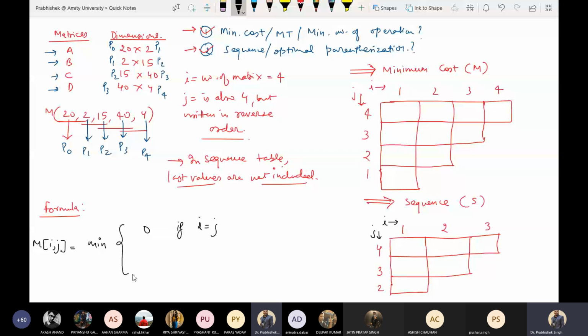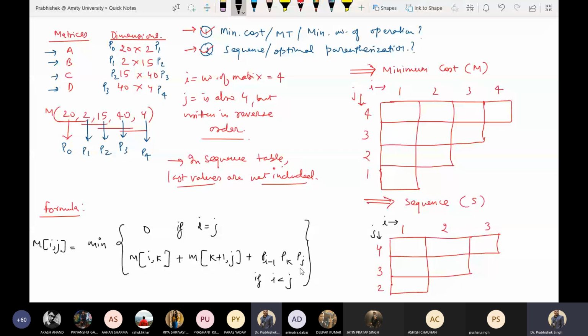The second thing is the main formula, when i is less than j: m i comma k plus m k plus 1 comma j plus p i minus 1 times p k times p j. This formula is valid when i is less than j.